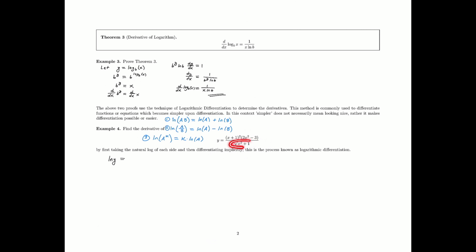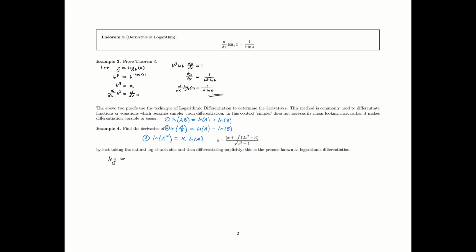Similarly, because this term is in the denominator, after we take the sum of the log of this term plus the log of that term, we can subtract the log of this term. Not only that, but this term here has a power of 2. So when we have our log of this term, we can just write this as 2 log of that. Similarly, a square root is no different than a 1/2 power.